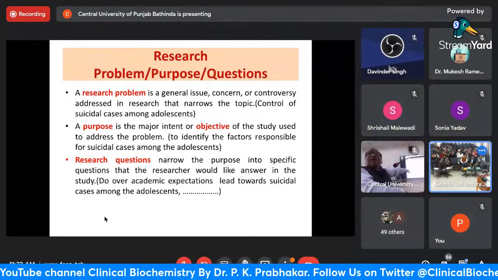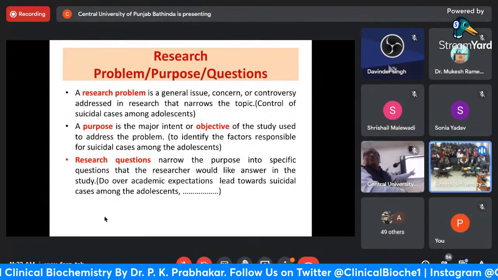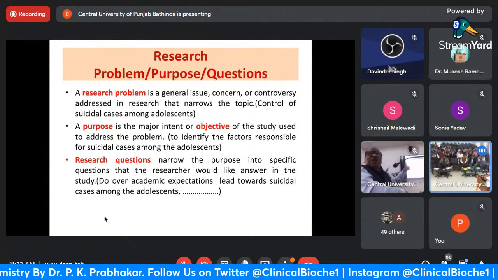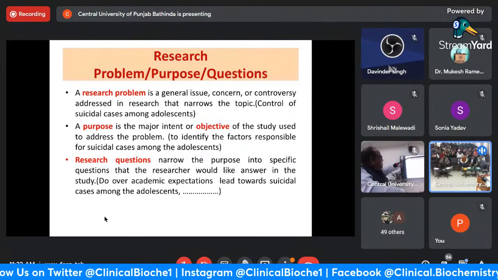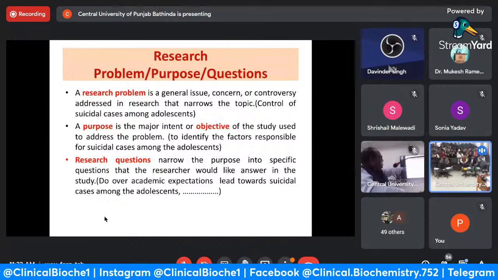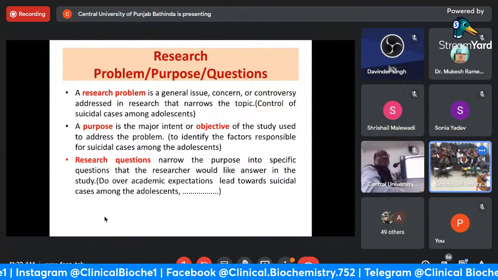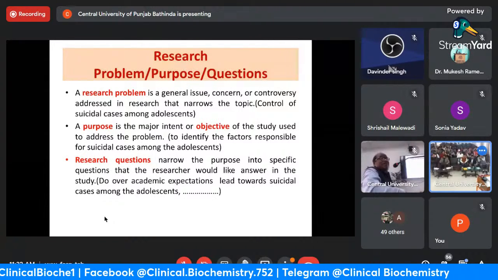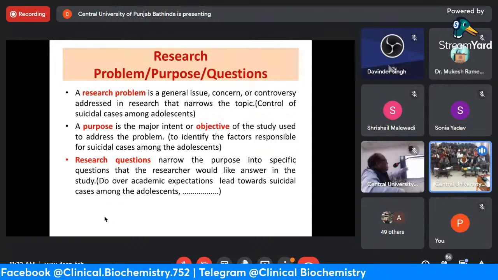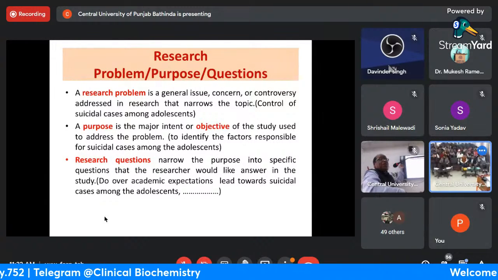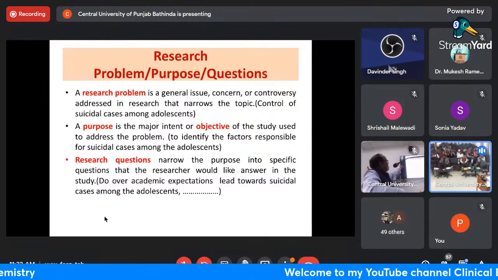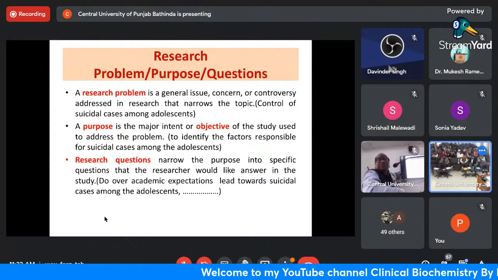Certain things. Here, in many cases, the scholars commit errors in deciding the research problem, purpose, objective statement, and research questions. I am not going into detail, but I will simply highlight. The problem before the researcher is to have control of suicidal cases among adults.